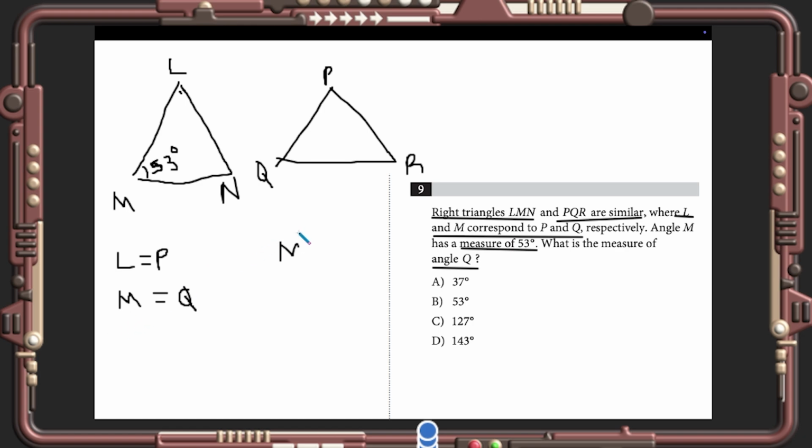And since we know that angle M has a measure of 53 degrees, we can write M is equal to 53. Since M is equal to 53 and M is equal to Q, we can say that 53 is equal to Q. Therefore, angle Q is equal to 53 degrees. Therefore, our answer is B.